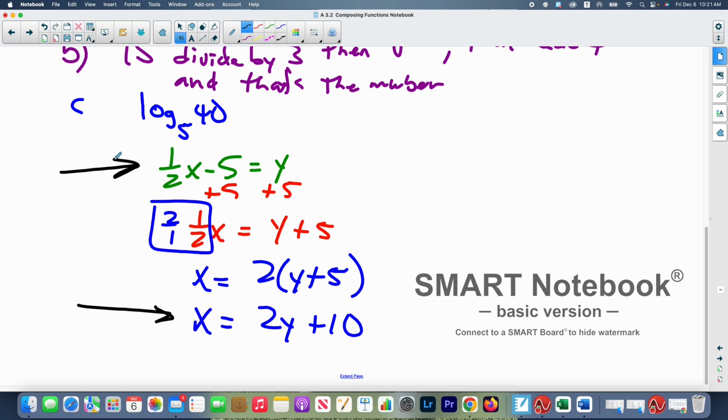Or I give you a y, you go plug it in, you go find x, okay? And so, if I gave you x, would you plug it into the green problem or the blue problem? The green one, because then I could just divide it by 2, or multiply by a half, minus 5, and I got y. I got it, done. If I give you a y and ask you to find x, which one would you plug it into? The blue would be easier, right? Because times 2 plus 10, I got it, right?